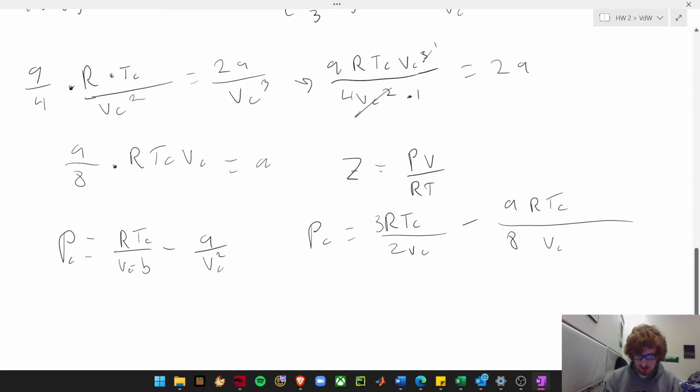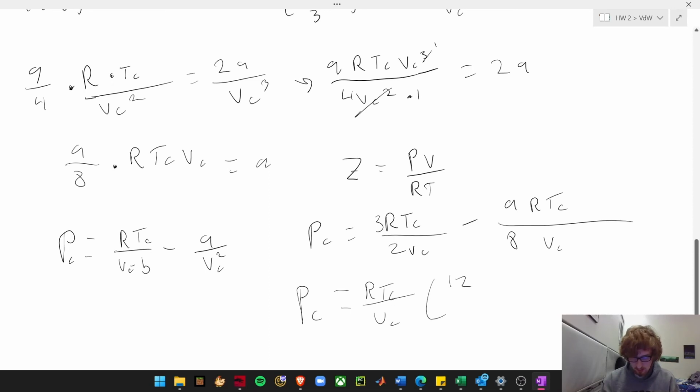And then we can see here that both of these terms have this common term, R times our critical temperature over our critical volume. Let me get rid of those circles. So we can see that our critical pressure is going to be equal to R times our critical temperature over our critical volume times some constant, and then all we have to do is multiply by our common denominator.